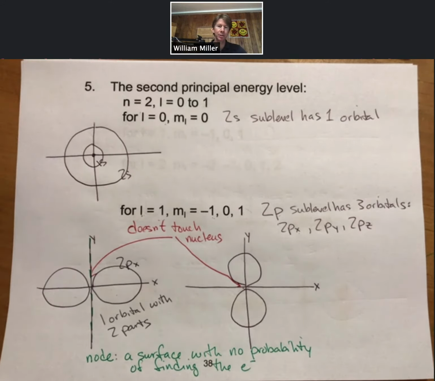So you can see the shape of a p orbital for which L equals 1. And you can see there are 3 orientations, well, 2 of them so far. The third one, 2pz, is the same shape along the z-axis.